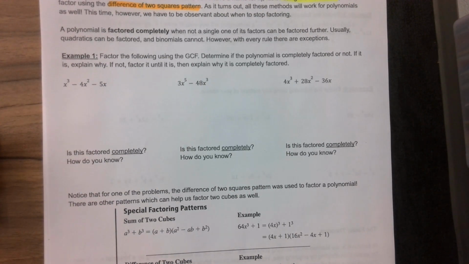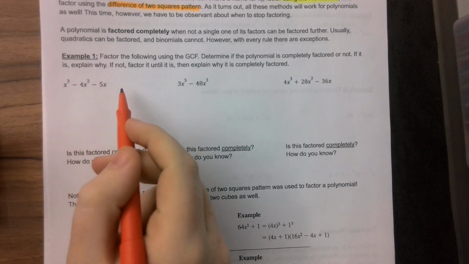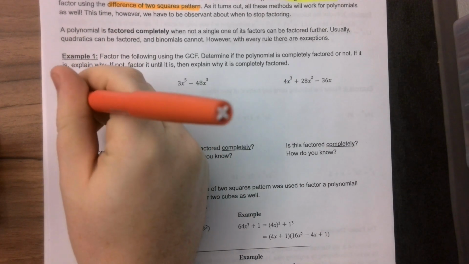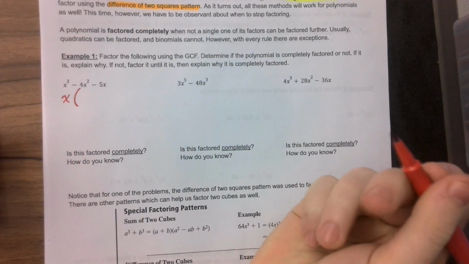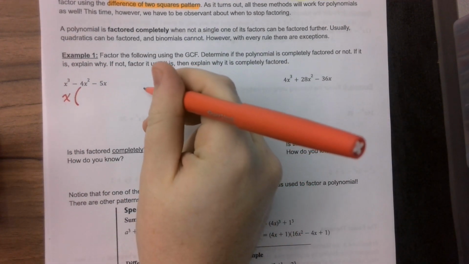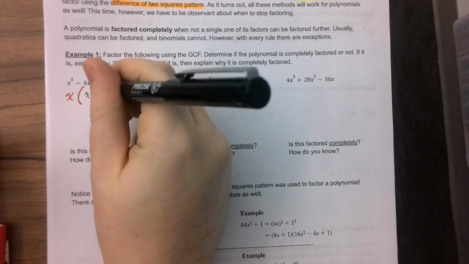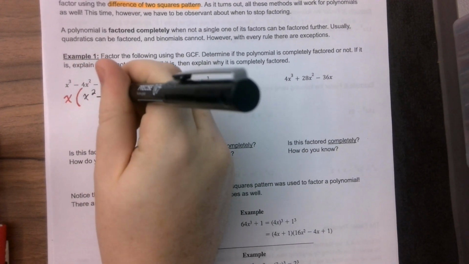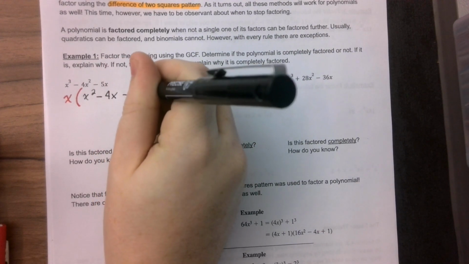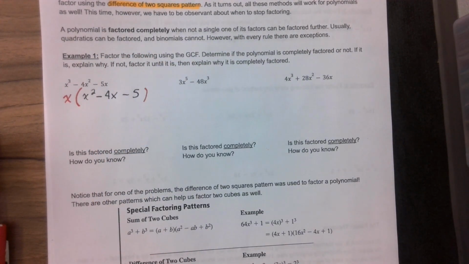Is there a greatest common factor that's in common between all 3 terms? Turns out there is. All of these terms have an x in it. So we can take out the x and write down what's left over in parentheses. Well, what's left over is x squared minus 4x minus 5. Nice.